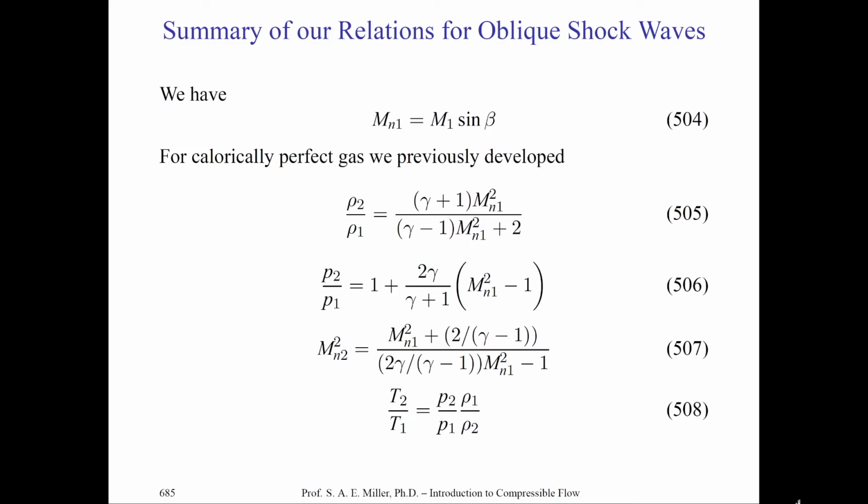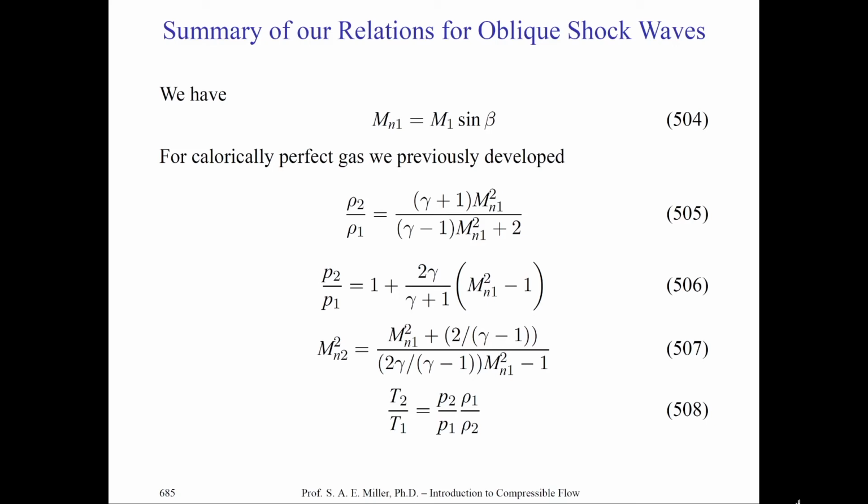Finally, the Mach number decrease across the shock is written as 507, just like we did for standing normal shocks, but with subscripts Mn1 and Mn2 for the upstream and downstream sides, respectively. So we have Mn2 squared equals Mn1 squared plus 2 over gamma minus 1, all over 2 gamma over gamma minus 1 times Mn1 squared minus 1.